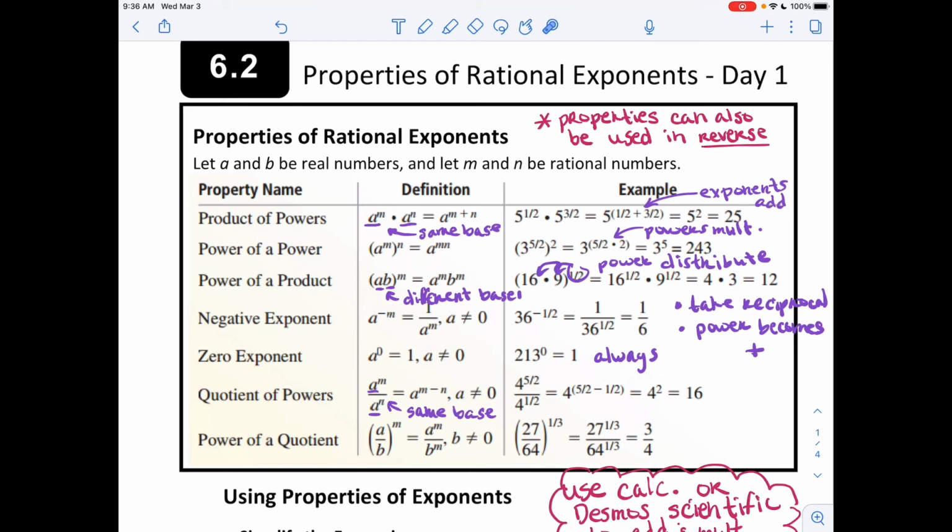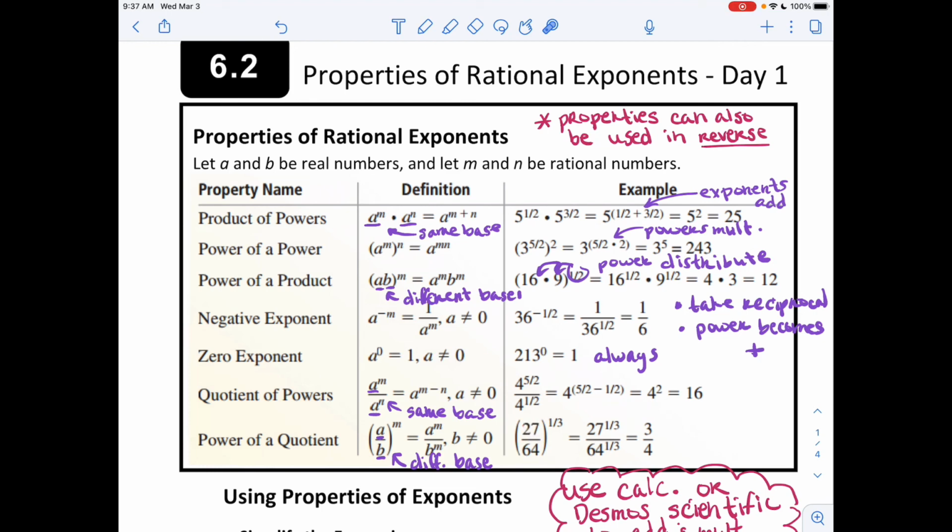Finally, the power of a quotient. So if we have different bases here, A and B, those are different bases, and we are raising them to a power, so a quotient to a power, we can break that up into two separate pieces. So in this example, 27 over 64, well, that's not going to simplify by itself.